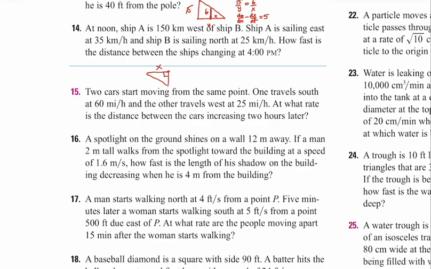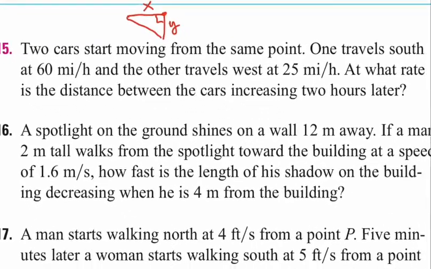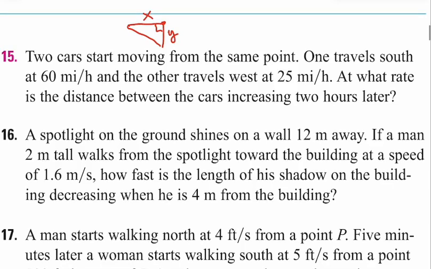And if something's going up and down, I do call it y. You don't have to. It helps my brain to remember who is what. We know the one traveling south is going 60, so dy/dt is 60 miles per hour. dx/dt is 25 miles per hour.